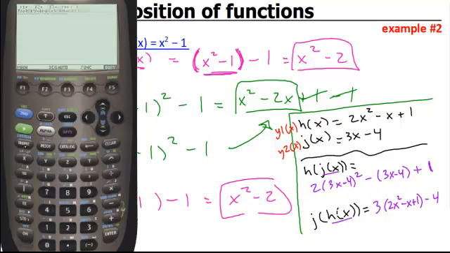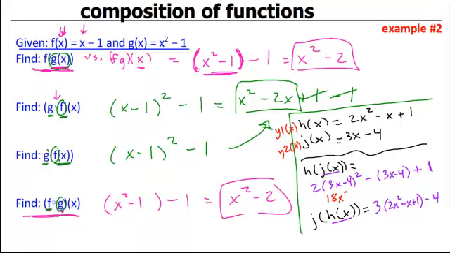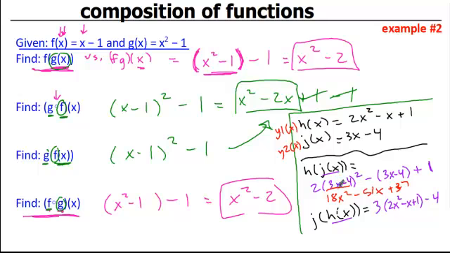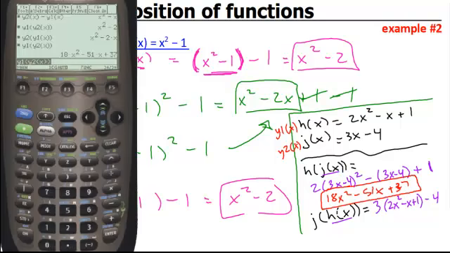I can then go to my home screen, and when I evaluate h of j of x, h is my y1, so I'm going to type in y1 of y2 of x, close that off, and I get my answer, 18x squared minus 51x plus 37. Is it 37? Yeah. Okay, and so that would be my simplified form.